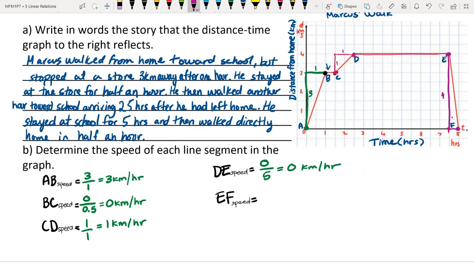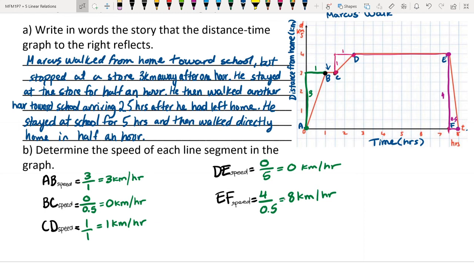What's the run? 0.5. So distance was 4, time was 0.5. 4 divided by 0.5 and we get 8 kilometers per hour. Use your calculator if you're not sure how that worked. But 0.5 goes into 4 8 times, and so his speed is 8 kilometers an hour.